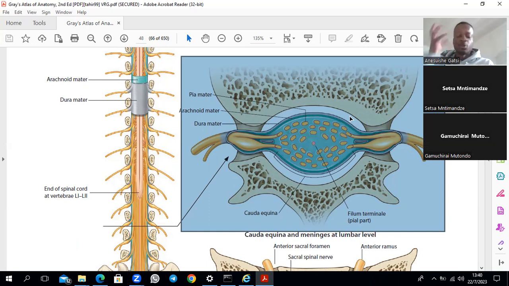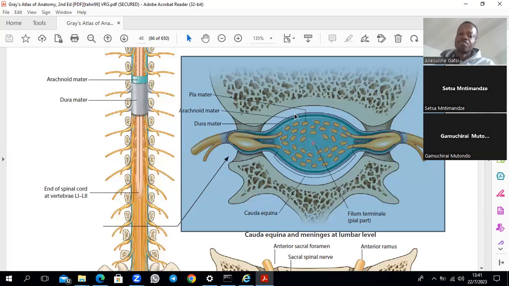This is not the case when you go to the brain. That space is not there. Right? So there is this epidural space. What is found in that epidural space? There is fat. There is a vertebral venous plexus. Right? Then your arachnoid mater, it's translucent, right?